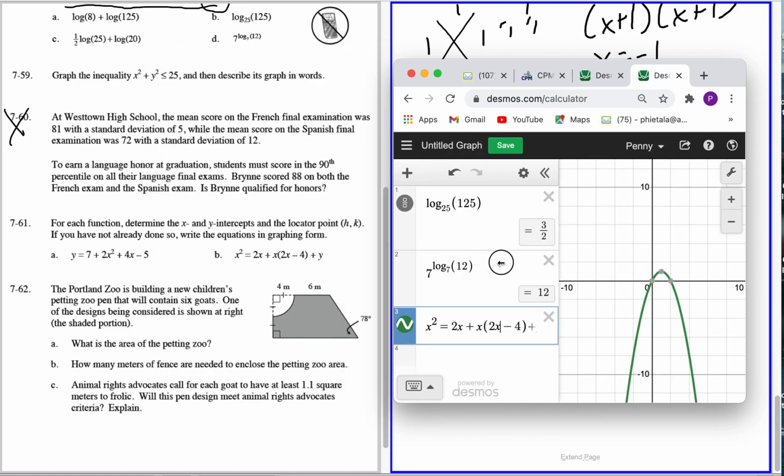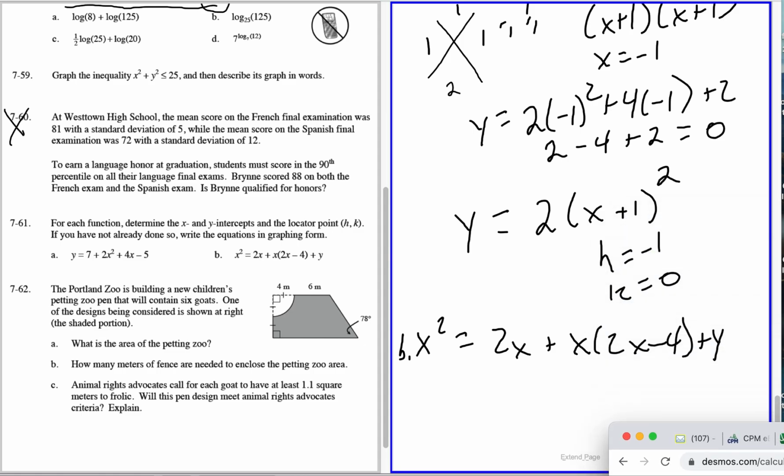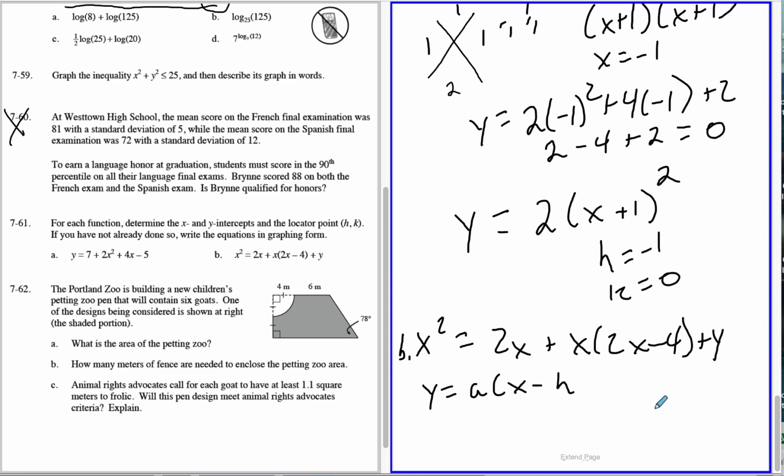So I'm going to take that vertex of 1, 1 and make a graphing equation with it. Okay, my graphing form for a parabola is y equals a times x minus h squared plus k.